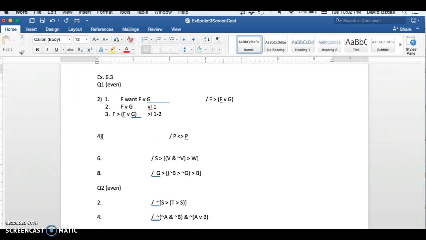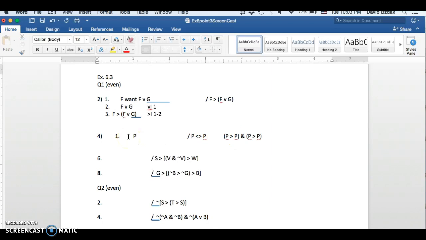Okay, so let's do 4. I'm gonna tab out. Okay, so 4 we're trying to get a biconditional, right? Remember, a biconditional is the conjunction of two conditionals, right? So if we get these two conditionals, we can use the biconditional introduction rule to get our conclusion. And so we'll do conditional introduction to try to get each, right?